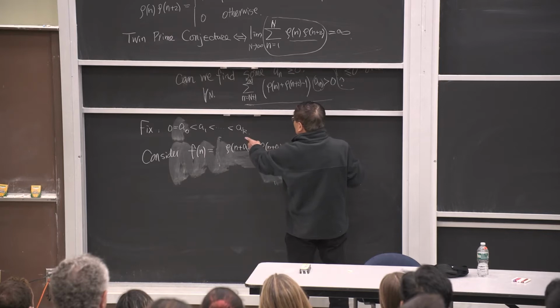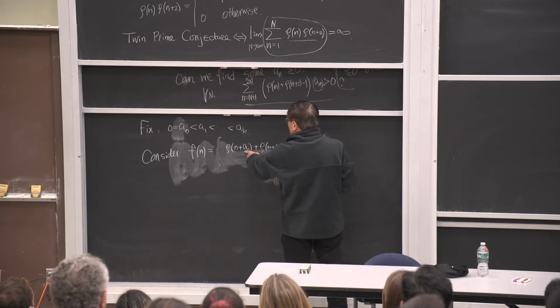If we just take k equal to 1 and a_0 is 0, this is 2, then that's all.